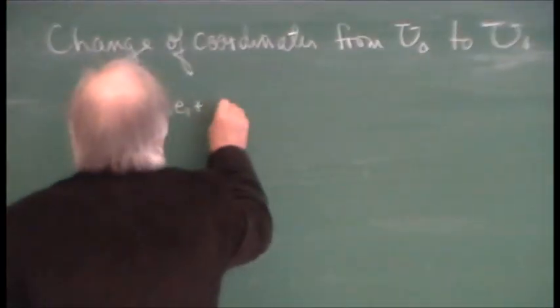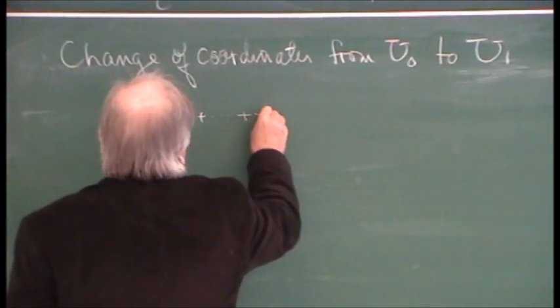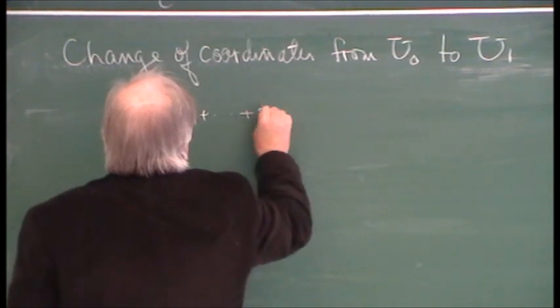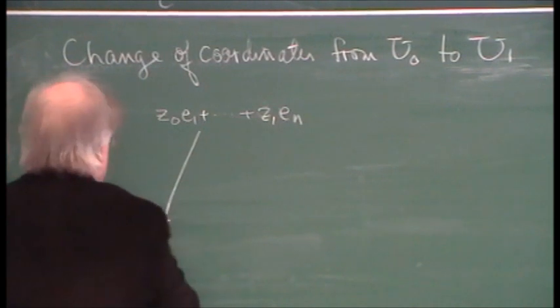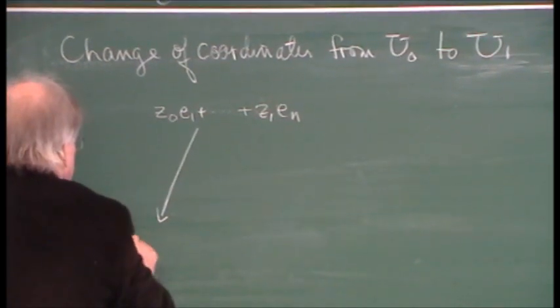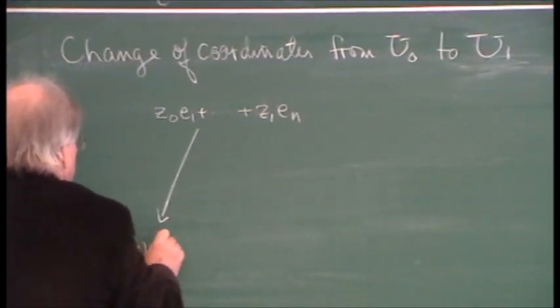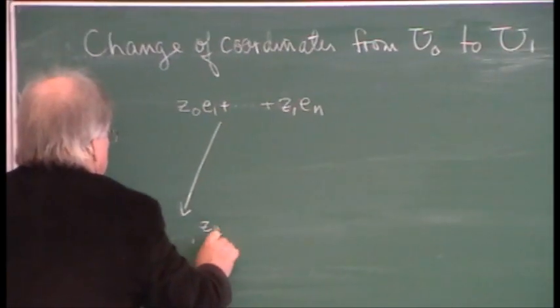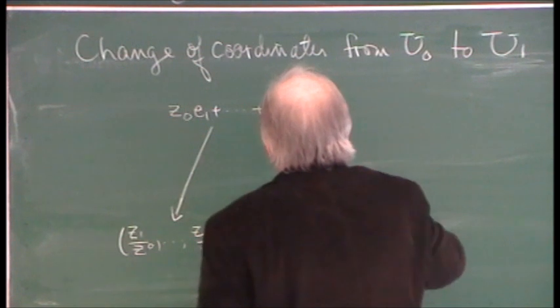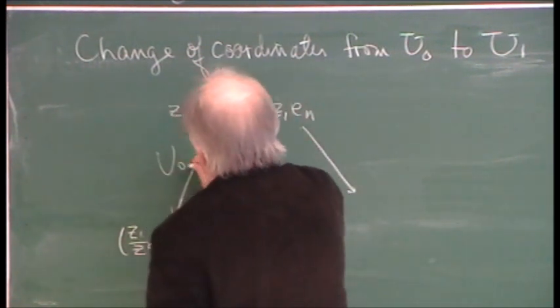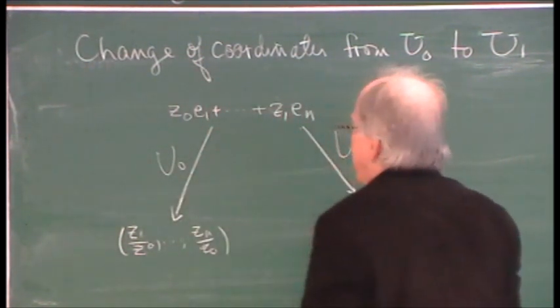The way to do this is this. You have a vector here of this type, and you send it to z1 over z0, through zn over z0. This is the U0 coordinate, and here is the U1 coordinate.